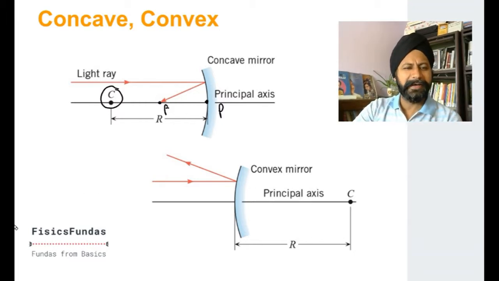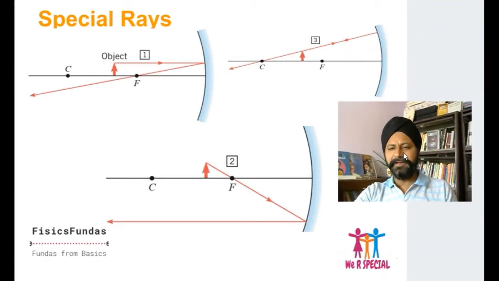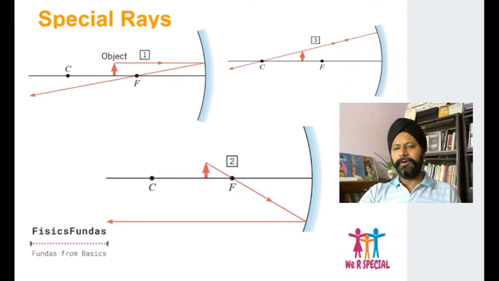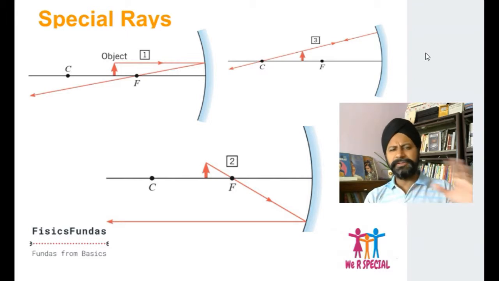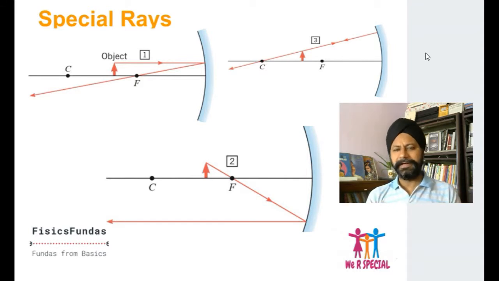So we are going to do ray diagrams, a lot of them today. There were three special rays that we covered. This is the focal point. We said the laws of reflection are always valid. You can always drop a perpendicular at the point of incidence, measure the angle of incidence, draw the angle of reflection, and you are going to get the path of the ray of light after reflection.